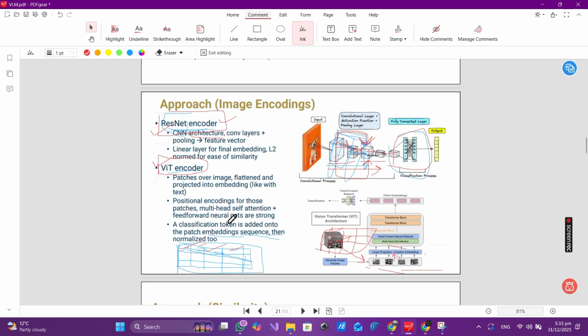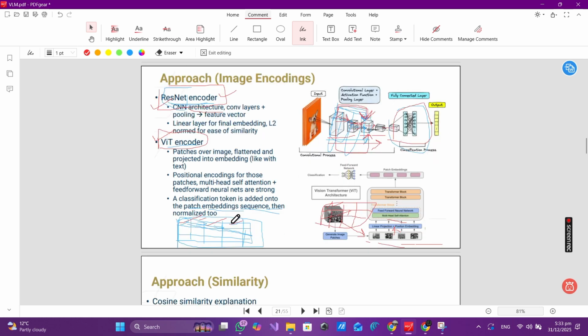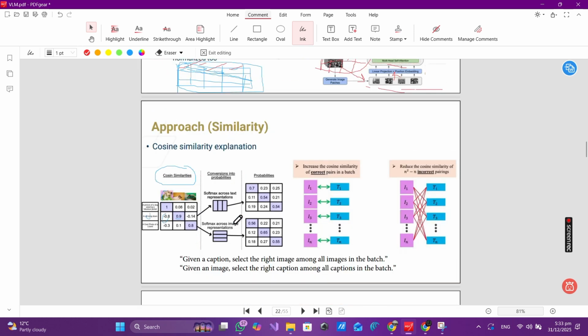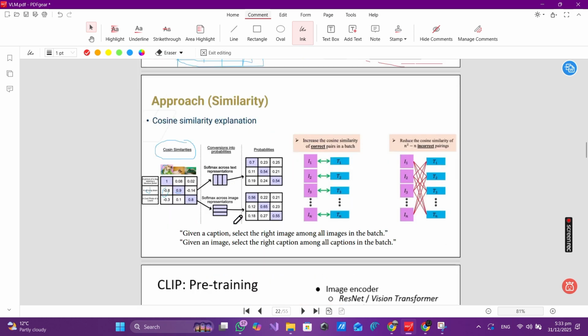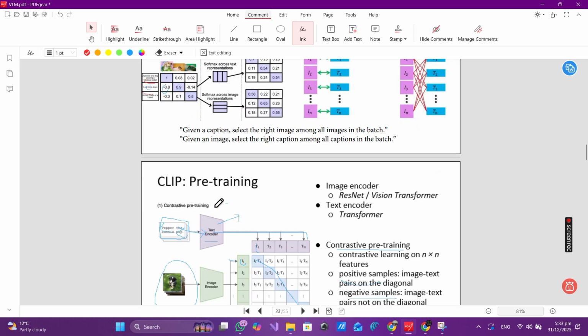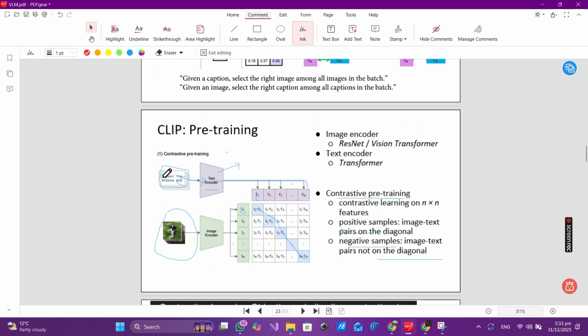Now we first get the encodings of the image. With that image, we also pass the natural language, that is the sentences or captions of the images. So we pass the encodings of the sentence, like this: Pepper the Aussie pup. This is the sentence, this is the image.